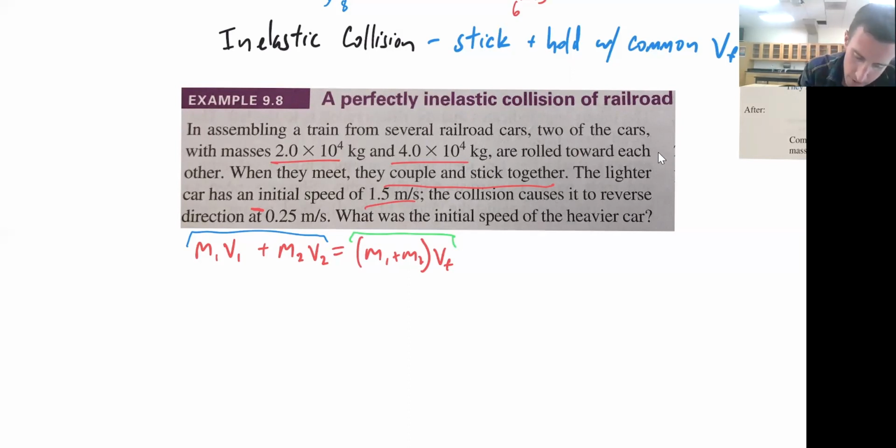All right, so 2 times 10 to the 4th is 20,000. 4 times 10 to the 4th is 40,000. I'm just going to plug in those numbers to keep things a little bit easier. So the mass of the first object, 20,000 kilograms times the velocity, the lighter car has an initial speed of 1.5 meters per second, okay?